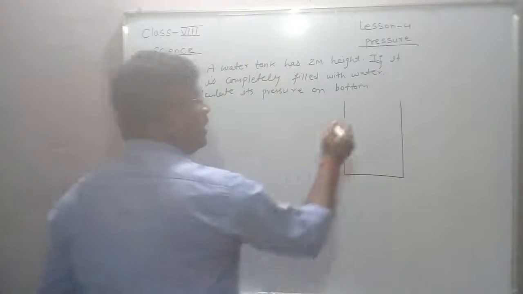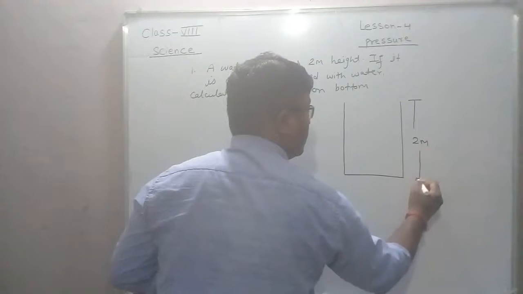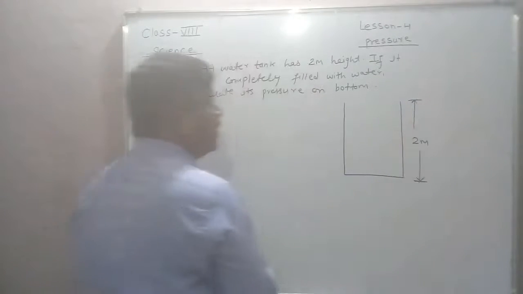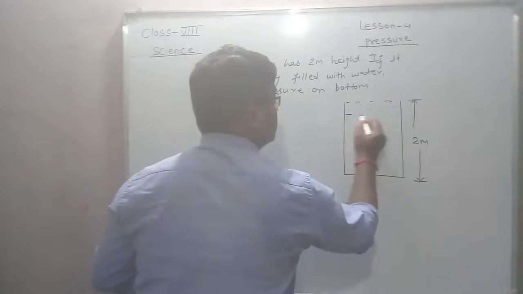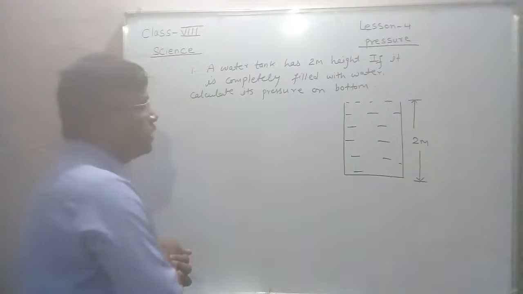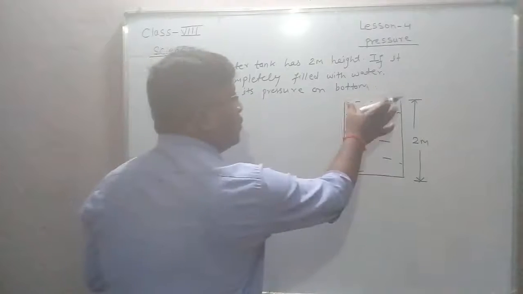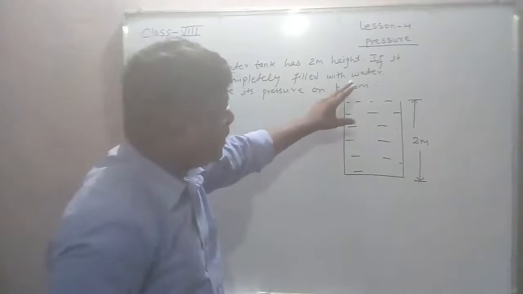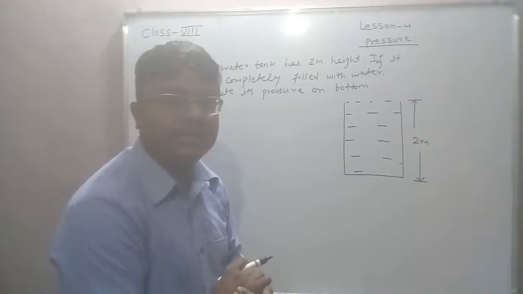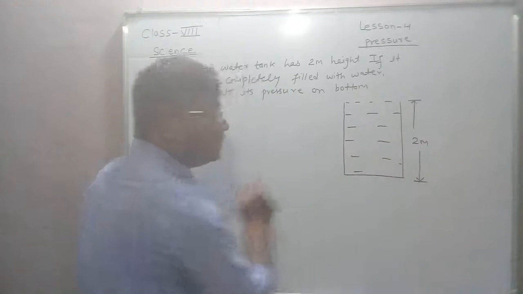Suppose this is your tank and its height is 2 meter, and it is completely filled with water. As we know, the weight of this water will exert pressure on the bottom. How much pressure it is exerting, we are going to calculate. That pressure is due to the weight of this liquid.